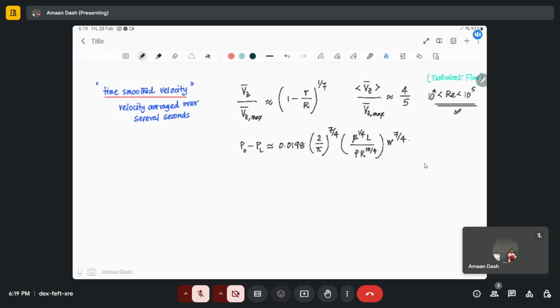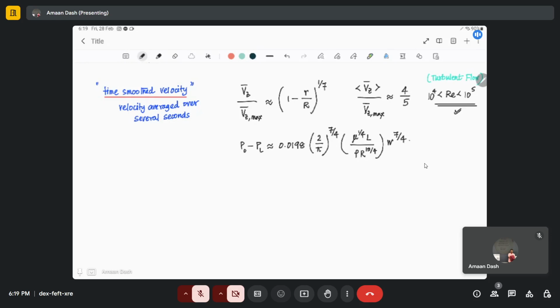Now for turbulent flow, the pressure drop will be higher than that obtained from the laminar flow. This is because some of the energy that is provided for the fluid to flow, the supplied pressure energy, will be used by some of the eddies that are generated in the fluid.